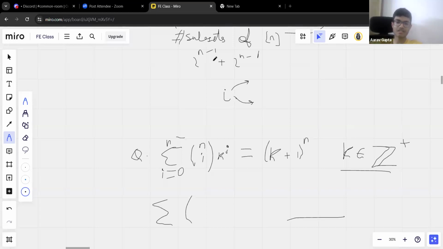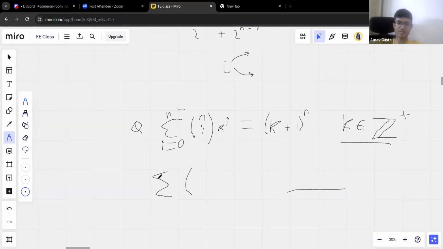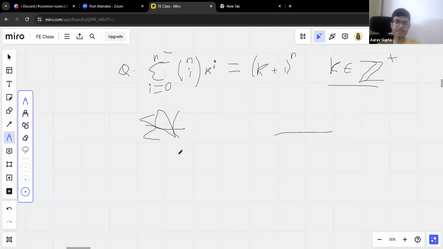Okay, so I'll just say what I had in mind then. You prove by induction on k that k to the power of i is the number of sets of k subsets, sorry, k plus 1 to the power of i.